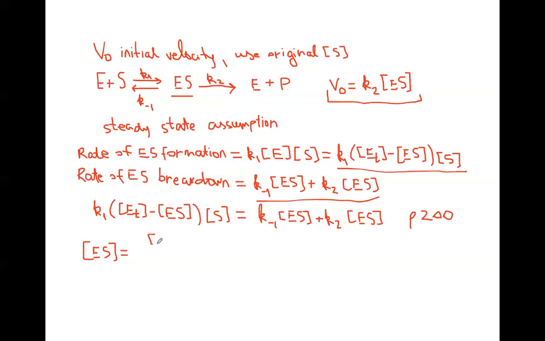And this will be the enzyme total times substrate over substrate, and then we'll have a term which contains all three rate constants: K-1 plus K2 over K1.